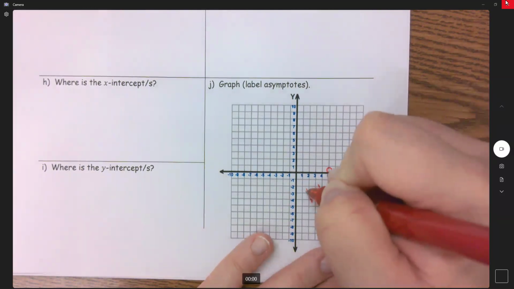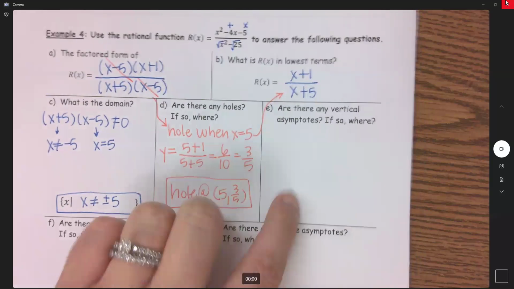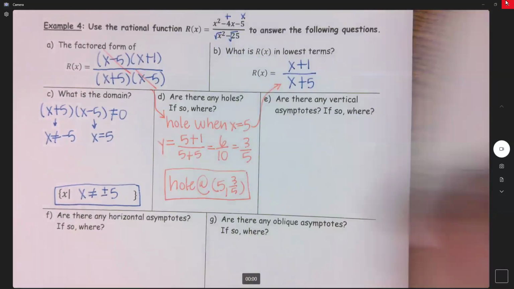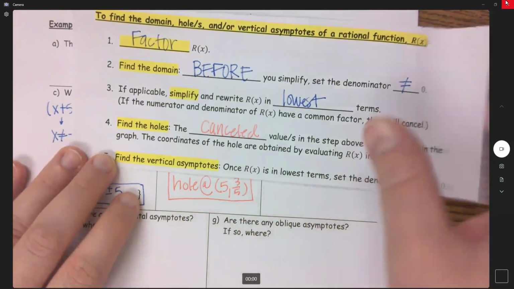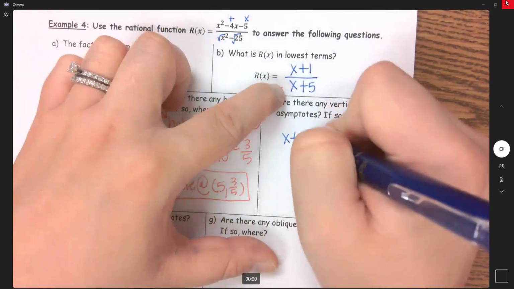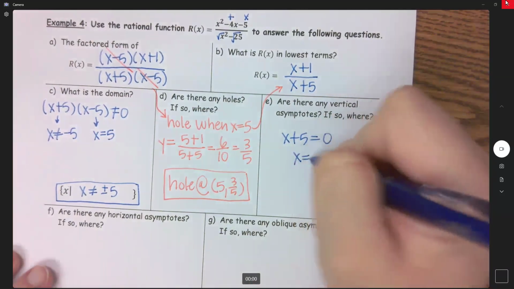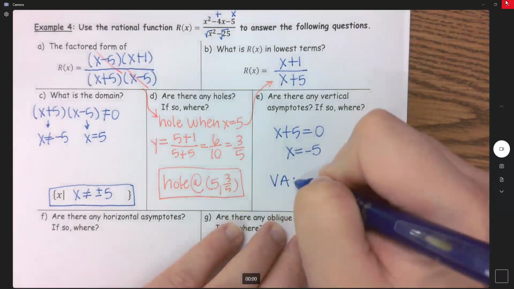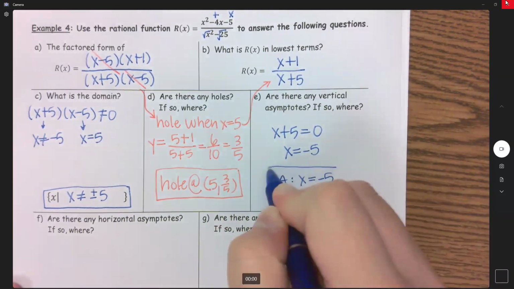Okay. So then lastly, for this part, vertical asymptotes. Oops, wrong paper. Vertical asymptotes, once in lowest terms, set the denominator equal to 0. So we're going to take this denominator here, set it equal to 0, and we get x equals -5. We'll have a vertical asymptote at x equals -5.